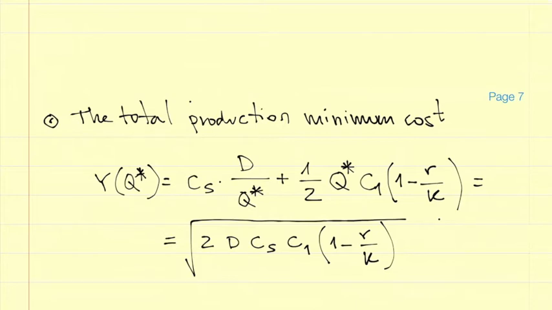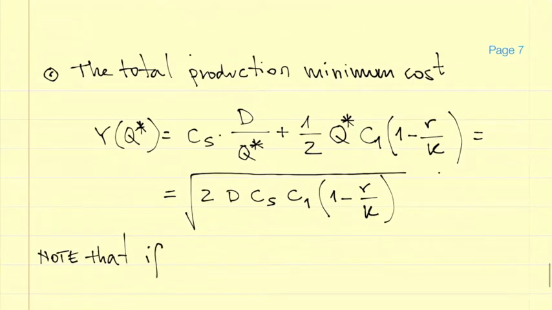So note that if K tends to R, then 1 minus R divided by K tends to 0.